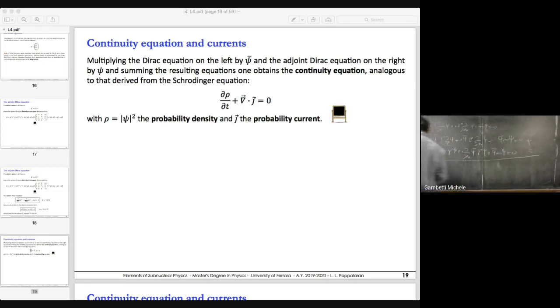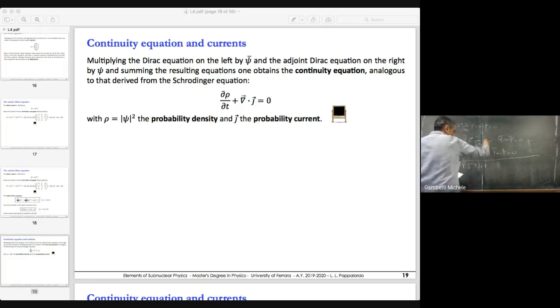Member to member. So we have i psi bar gamma^0 ∂_t psi plus this term here, plus ∂_t adjoint spinor gamma^0 psi.